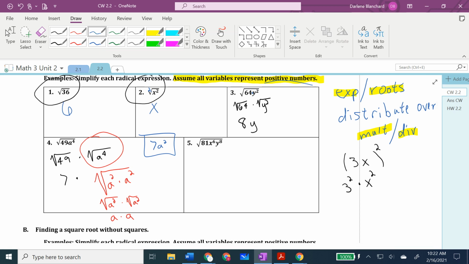Another way you could look at this is to write it in fractional notation. So I want you to remember that the nth root of some number to the m power is the same thing as that base to the m divided by n. In the exponent, m is the number of times you multiply, because that's what an exponent means.